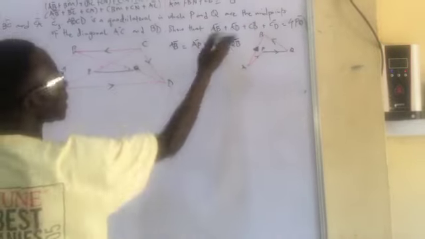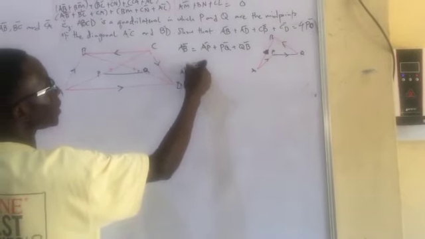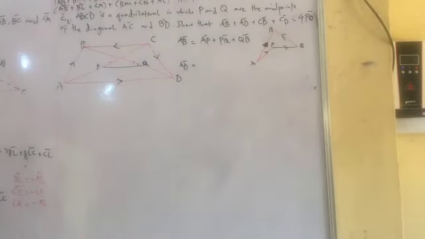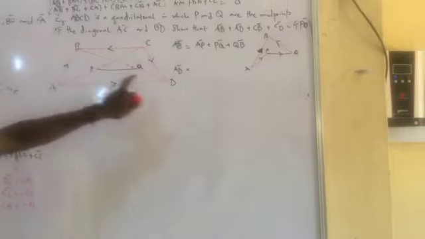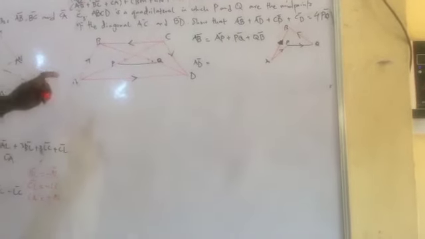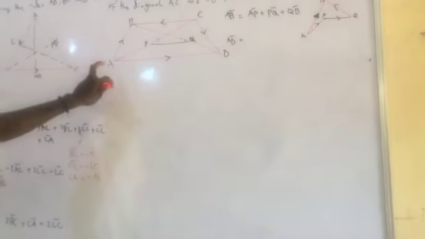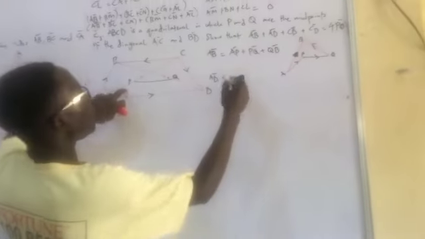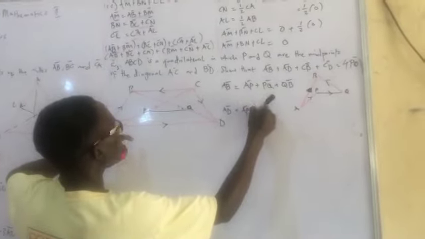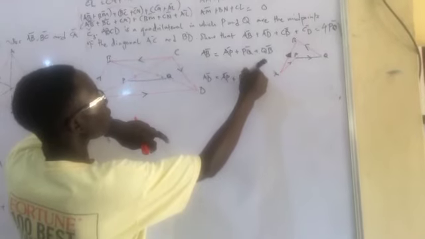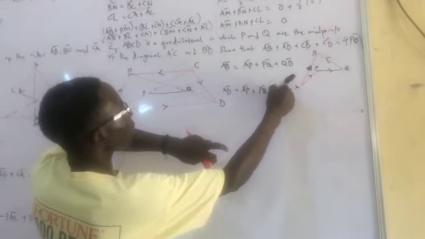So the next one, dividing AD. What do we have there? Here's our AD. This is AD. So it's even simpler because you just have to go here, and come down here. That's all. So we have vector AD will be equals to vector AP plus vector PQ. You can see that PQ is still recurring. Then vector QD.